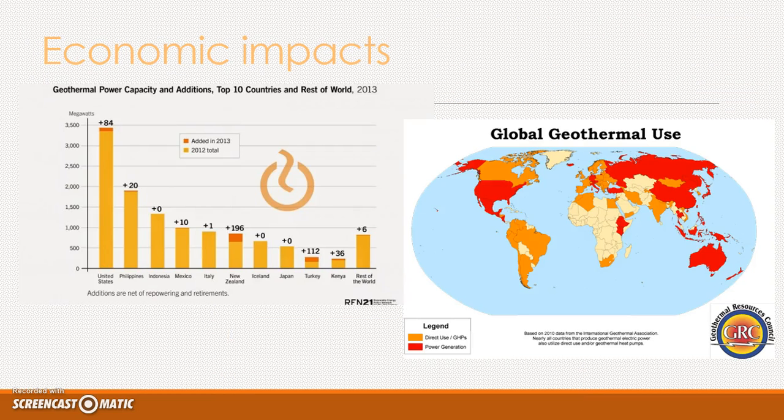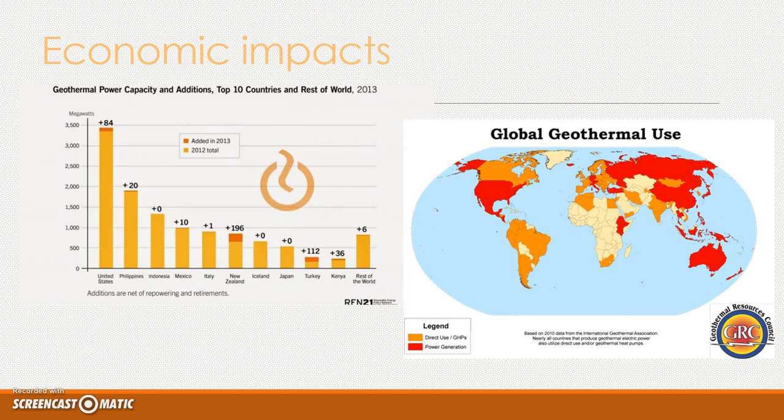Economic impacts. Geothermal power is a low-cost energy source that diversifies the fuel supply and benefits the transition in the power grid. The average cost of a geothermal plant over its life is dramatically lower than traditional sources of power.